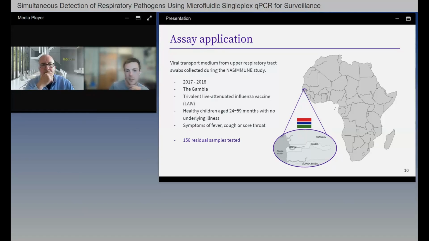So it'd be interesting to see what is circulating and if there is as much flu or if it is other viruses like Oca virus that we started to insert into our panel.